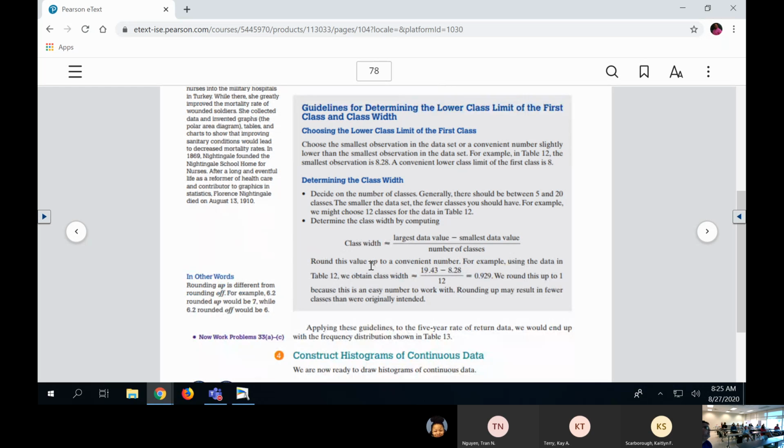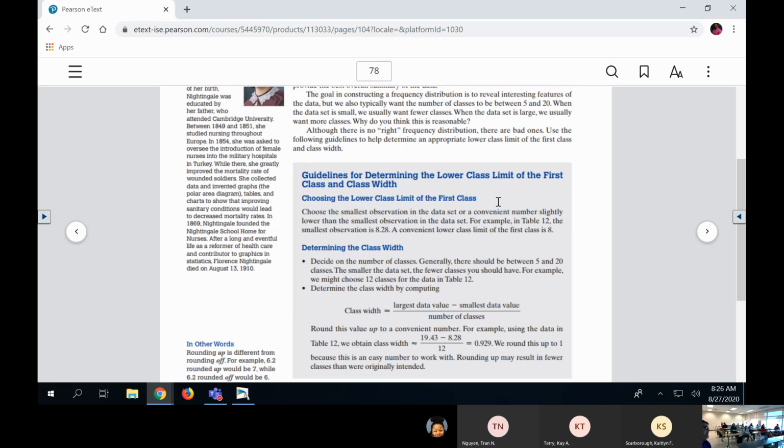There it is. That's how you determine the class. Well, if the class width is 10, then you know how to make the classes, but this is how you create your classes right here. So you might want to write that down, page 78, gray box.